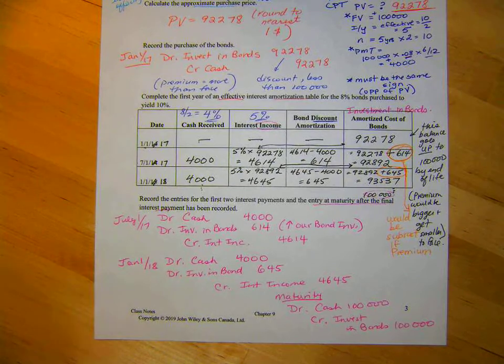Okay? So right now, really what I'm concerned about is that you can do this. So that's the amortized cost method that we use for long-term debt that we've bought of other companies or other entities.